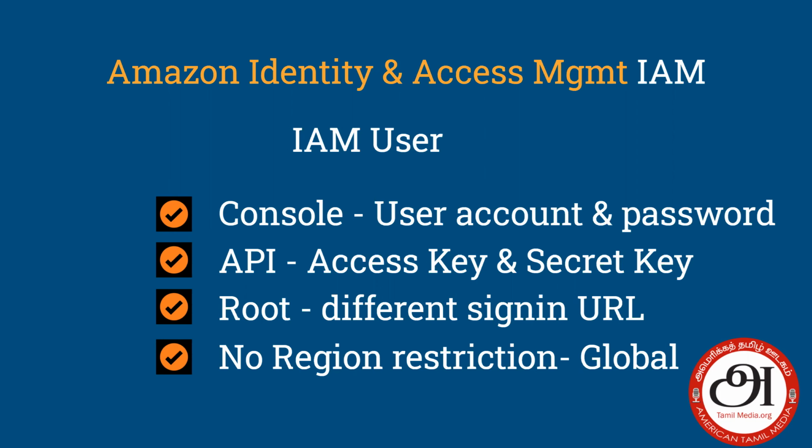But in programmatic access, you will see an access key and secret key. We will see how to assign access key and secret key in the console, so that can be used by the user in their programs. So you should know the difference between when to use access key and secret key versus user account and password. This is another important concept.